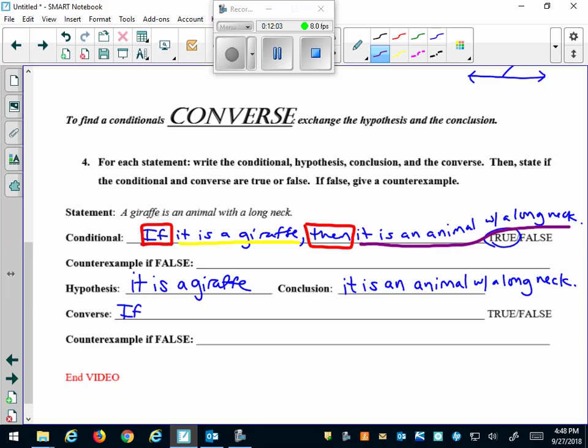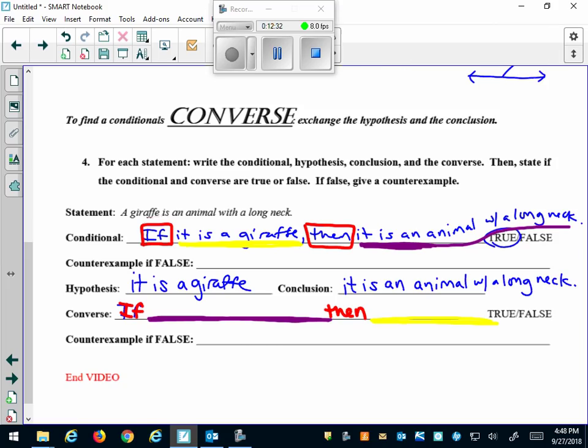Well, when we write the converse, what we're going to do is still have the word if and the word then, but we're going to put this conclusion over here as the hypothesis, and we're going to put this hypothesis over here as the conclusion. So you're just switching their places.